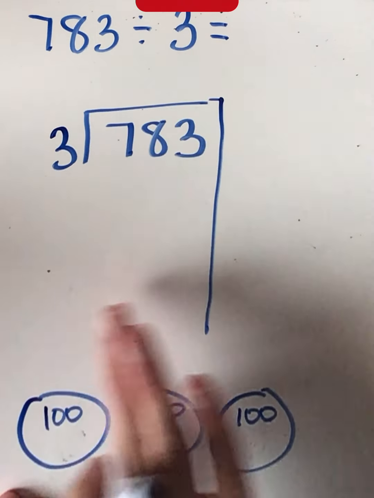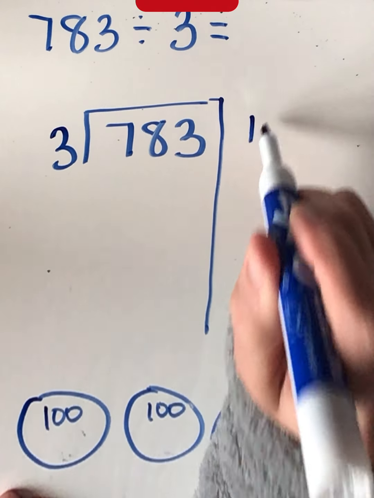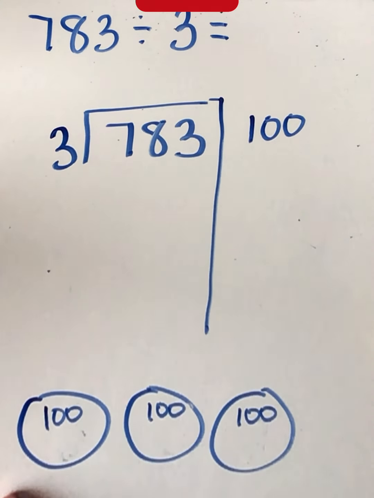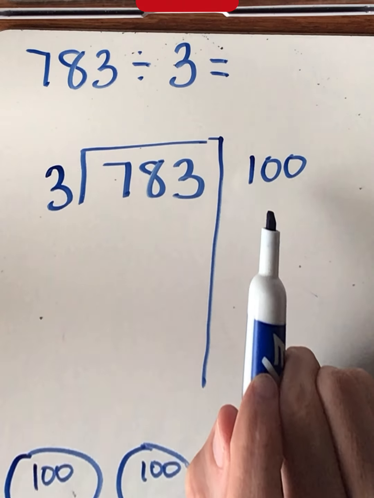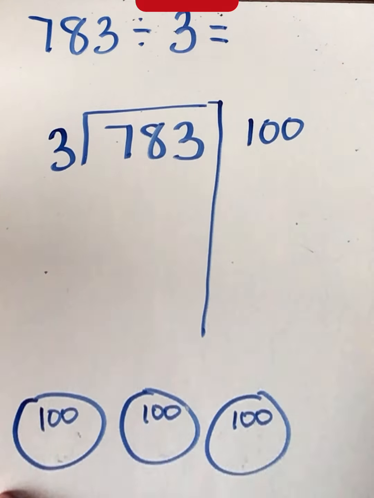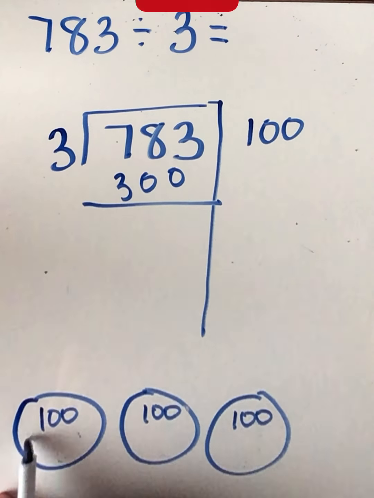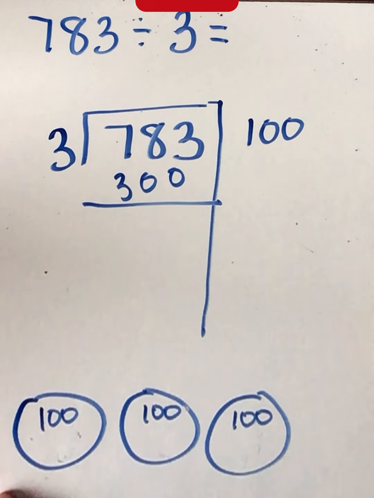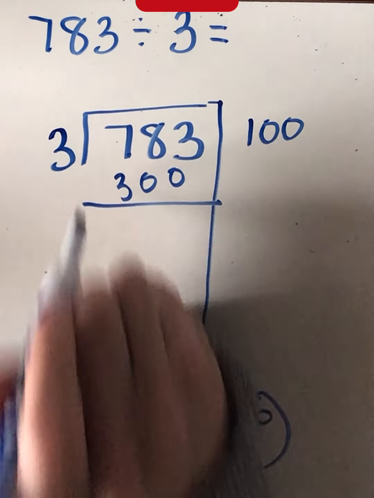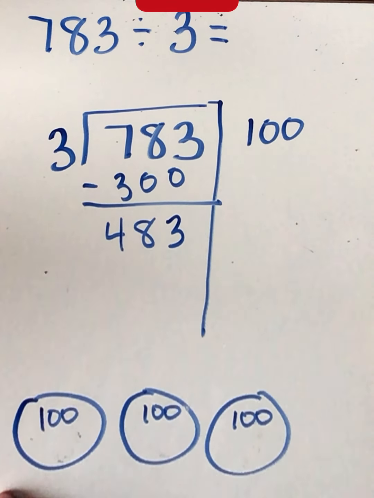How we would show that using the Big 7 is we would write that 100 here, to record how many are going into each group, and then do 100 times 3. That picture shows that 3 times 100 is 300. So if we've already given 300 away, we need to find out how many we have left to divide up. So we subtract. And now we know we have 483 left.